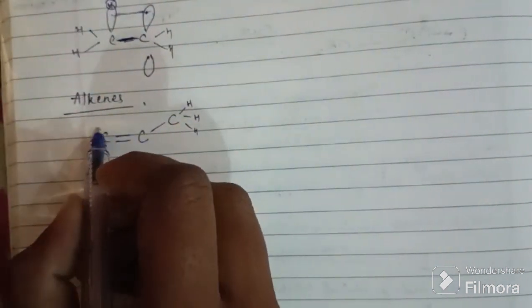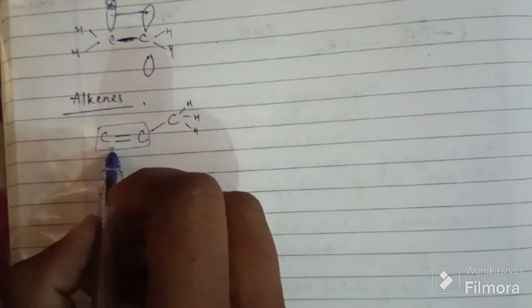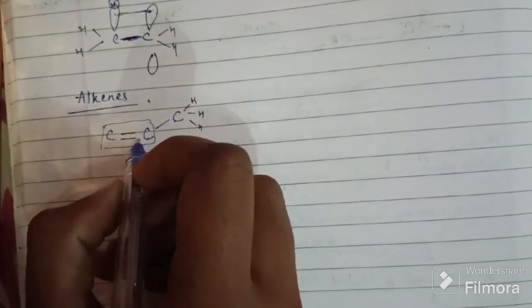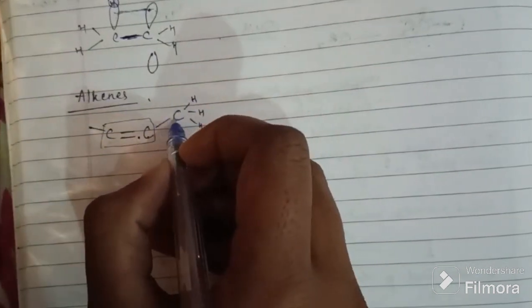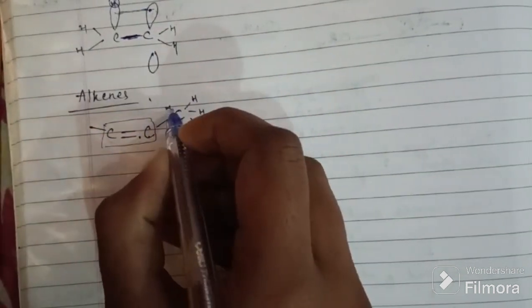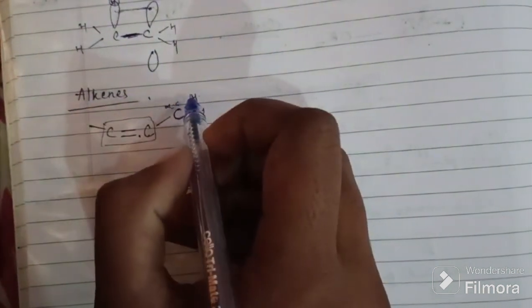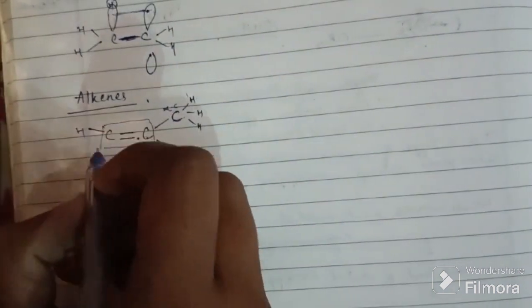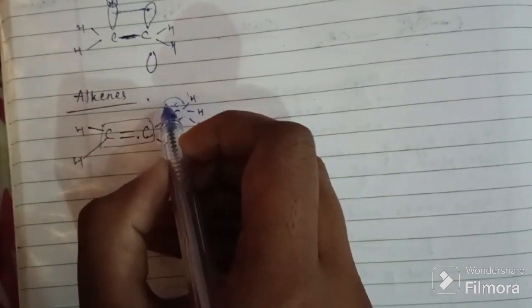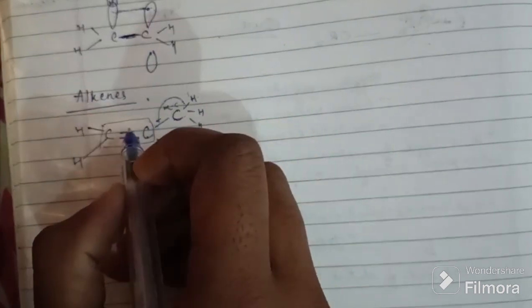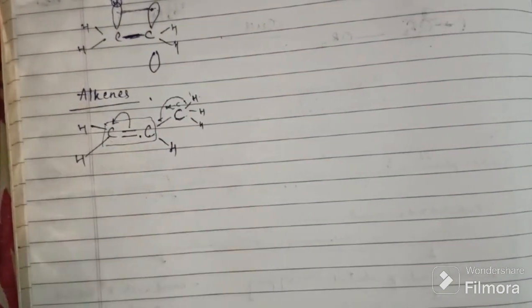Since this is a double bond, the carbons attached to it will be considered alpha carbons, and the hydrogens attached to them are alpha hydrogens. One of these bonds can be taken here and transfer of electrons takes place. That can also be termed resonance.